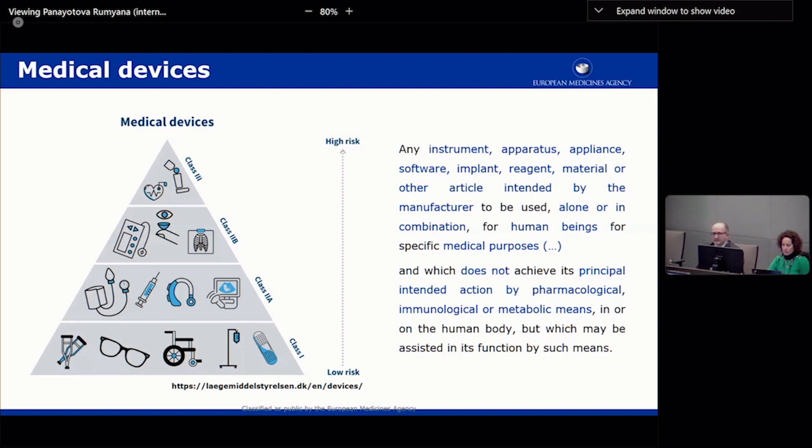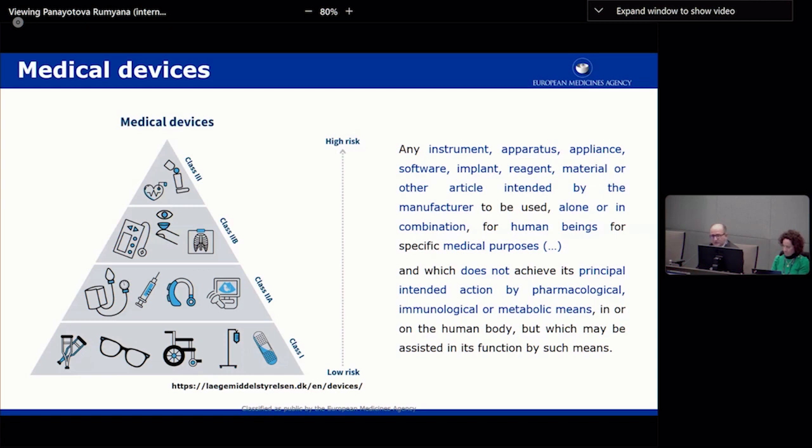The product has to have a specific medical purpose that is defined in the regulation. And also the mode of action needs to be taken into consideration, meaning that its principal mode of action cannot be based on any pharmacological, immunological, or metabolic means, in which case it would be a medicine, of course.